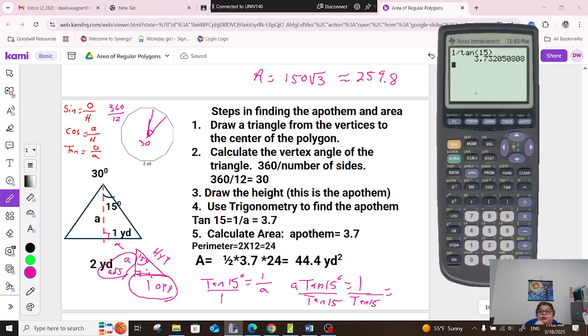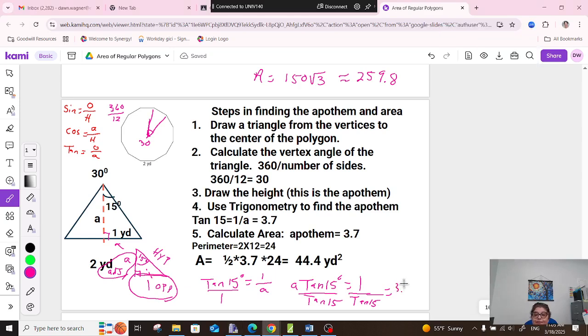So you could choose to leave it in your calculator like this, or go out to 4 decimal places and only round at the very end. So like me, I would probably write this as 3.7321.